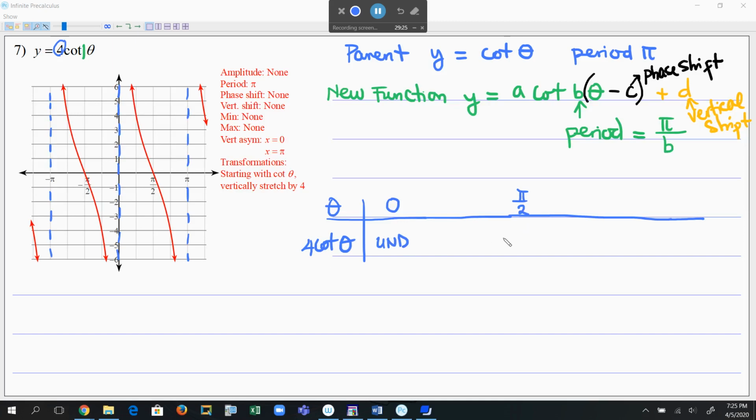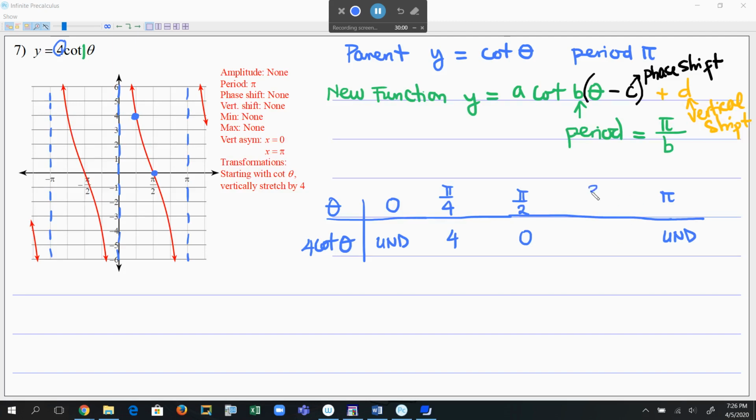So therefore 4 times 0 is still 0. And then cotangent of pi is undefined, so 4 times undefined is still undefined. Let's go between 0 and pi over 2, which is pi over 4. We know that cotangent of pi over 4 is 1. So now it will be 4 times 1, so that will be 4. So you see the point right here.